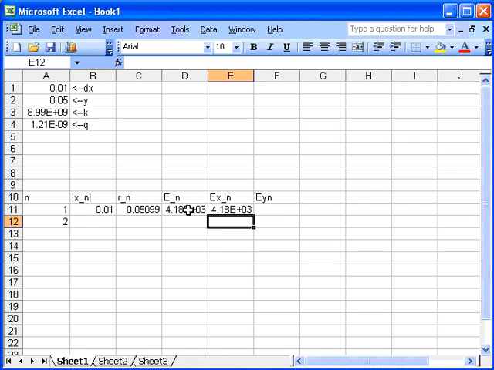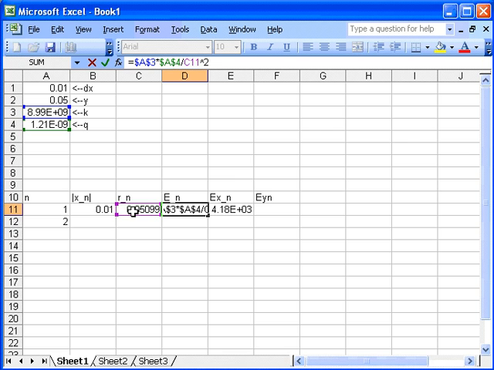Not sure you use the dollars on these guys. So it's A3 should have been $A$3, $3, and then A4 should have been $A$4. And then C11 really was supposed to be C11 squared.